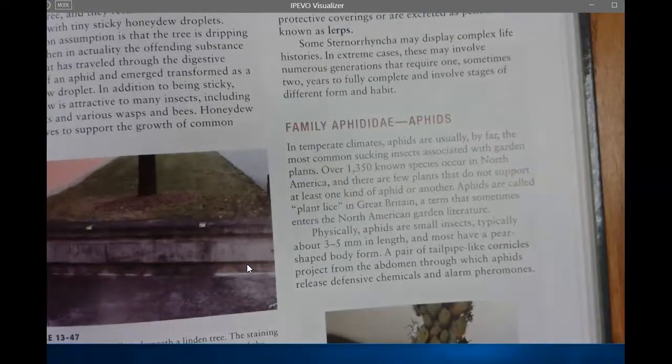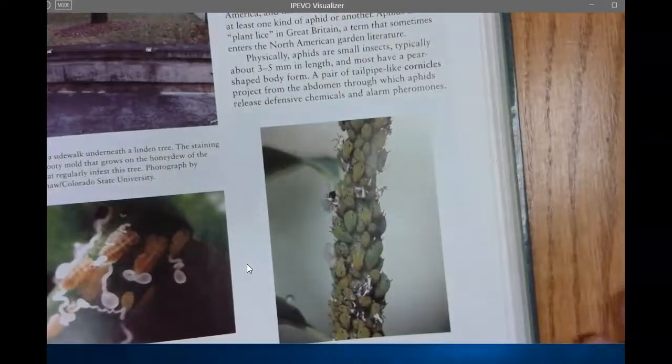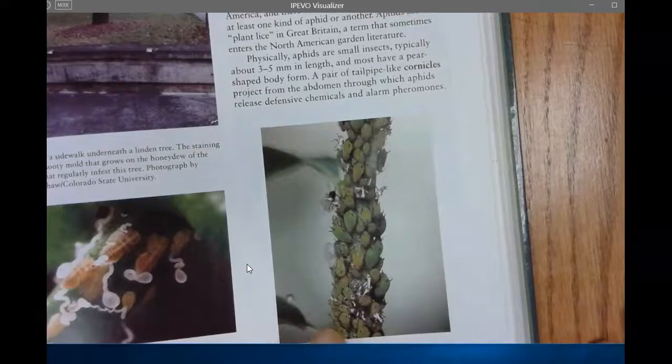Okay, so if we look at the aphids, here we can see them feeding on plants here.